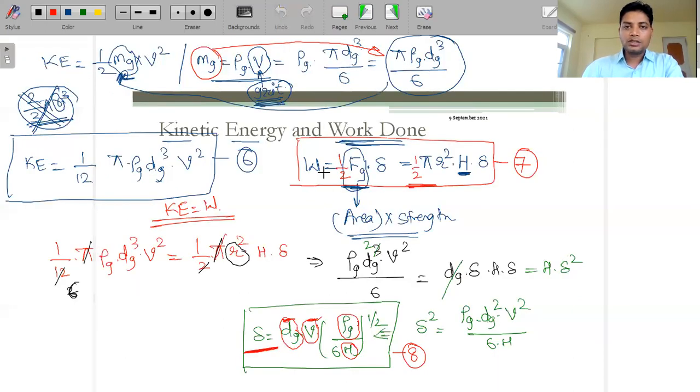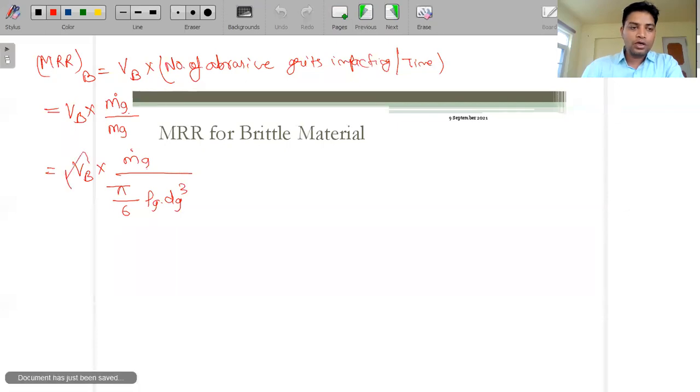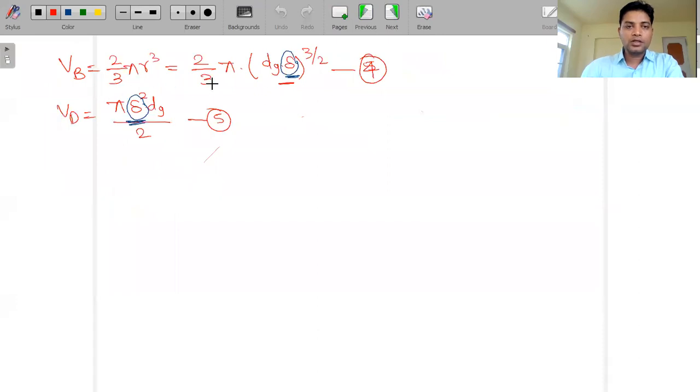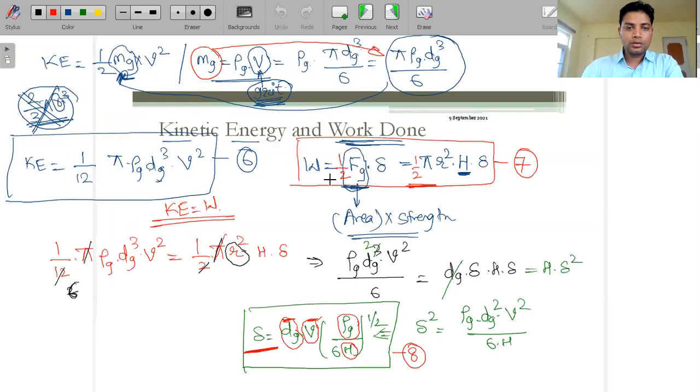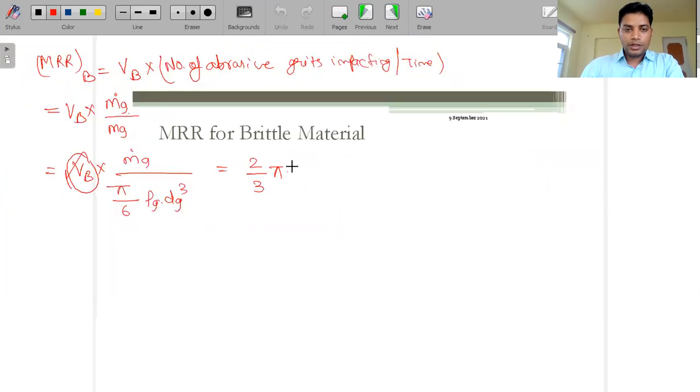Okay guys, now replace this VB. VB is equal to 2 by 3 pi into dg into delta raised to 3 by 2. So this is 2 by 3 pi into dg into delta raised to 3 by 2, into m dot g upon pi by 6 into rho g into dg cube.